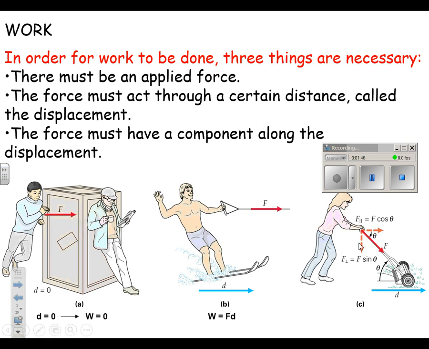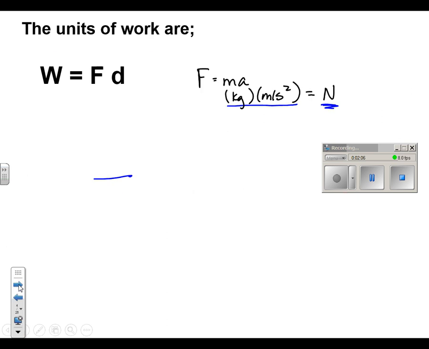And this last one, we have a force at an angle, and it's along a horizontal displacement, so there is work, but the work is only on this x component of the force, because that component and the displacement are in the same plane. So we have to make sure we take care of those things.